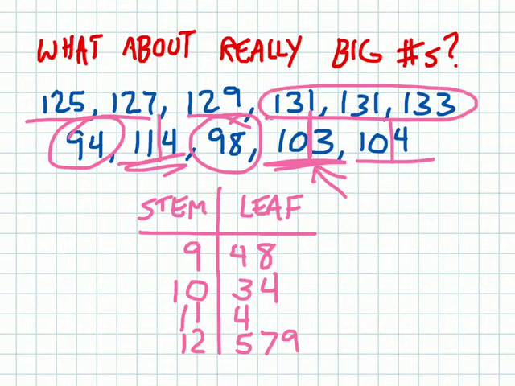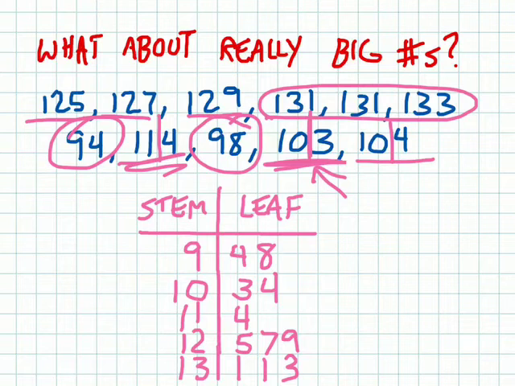Last set would be these 130s. So for these, I'm going to put a 13 in the stem, and in the leaf is a 1, 1, 3. So that's how we handle larger numbers. If we got into thousands, we could deal with that too. We just have a 3-digit stem and still a 1-digit leaf.